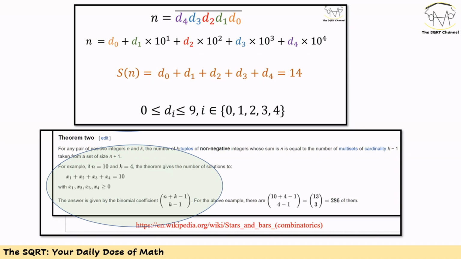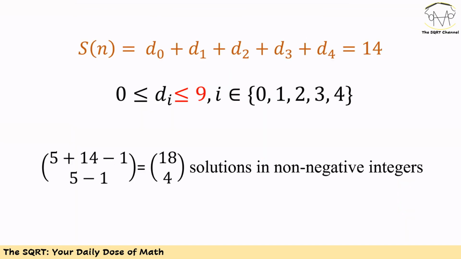In this problem, we have d0 plus d1 plus d2 plus d3 plus d4 is equal to 14. And we know each di is greater or equal to 0 and should be less than or equal to 9. So for the case that it should be greater than or equal to 0, we can use theorem 2.